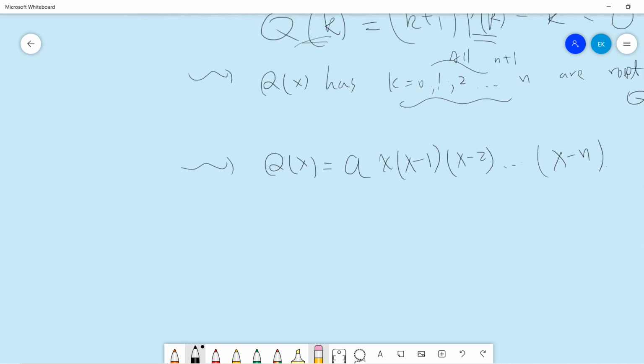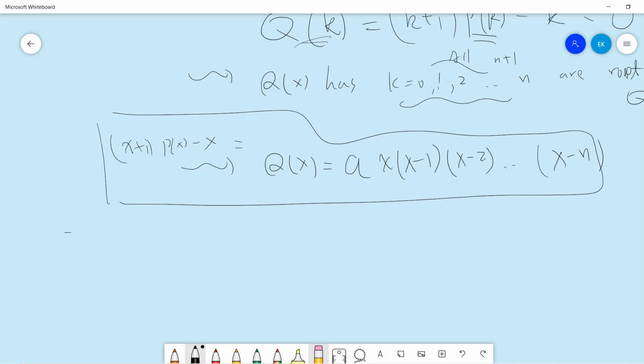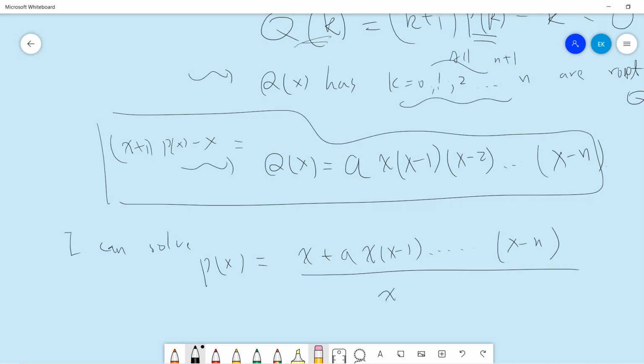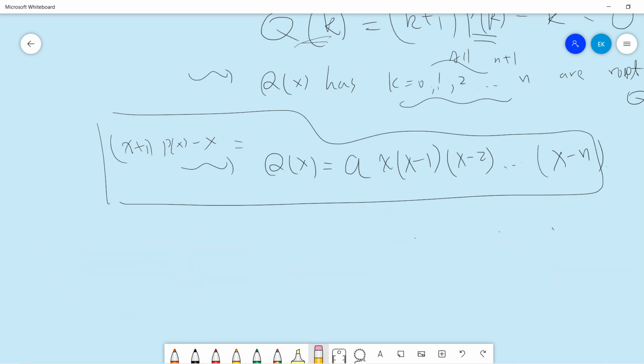By the way, this q of x is x plus 1 times p of x minus x. So I can safely say that p of x is x plus a times x times x minus 1 up to x minus n, divided by x plus 1. Or basically you don't have to write it this way, you just write it as this.